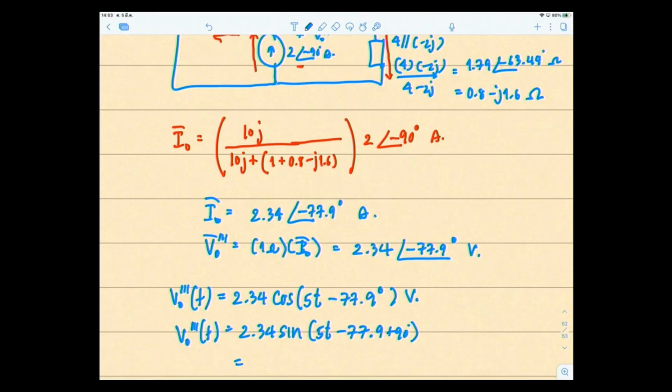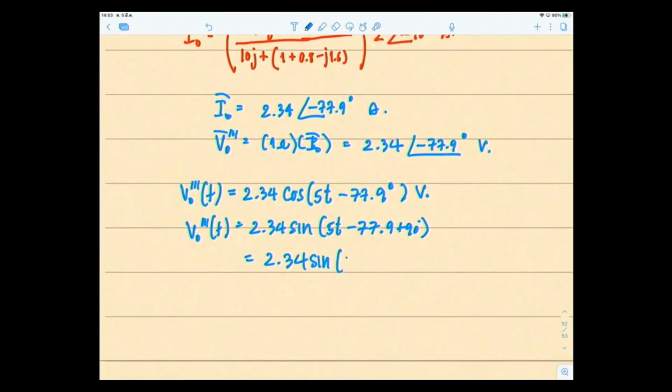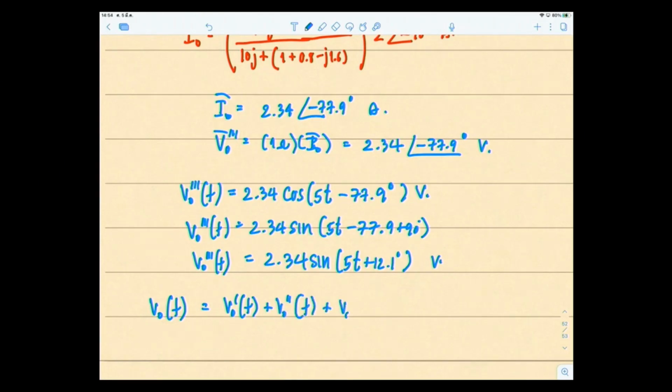So it's equal to 2.34 sine(5t plus 12.1 degrees) volts. This is V out triple prime. At the end, your answer V out of t consists of V out prime plus V out double prime plus V out triple prime.